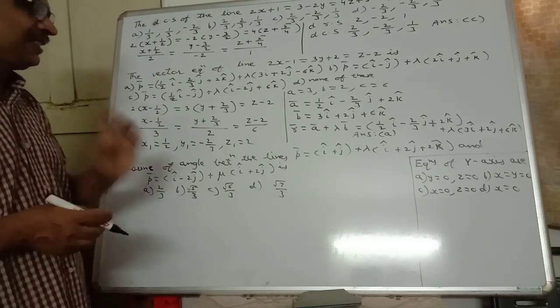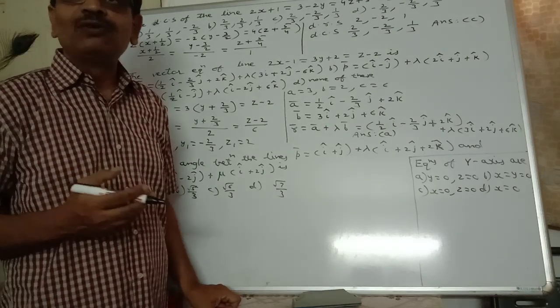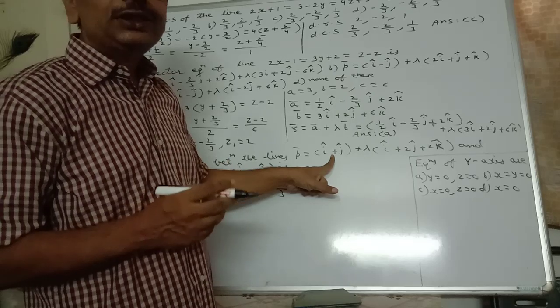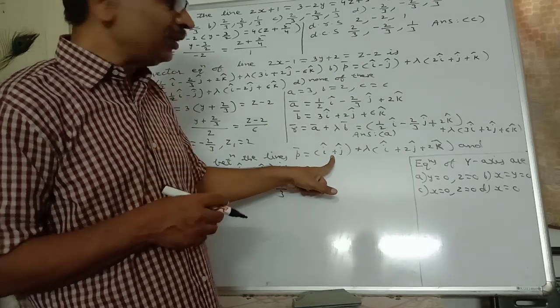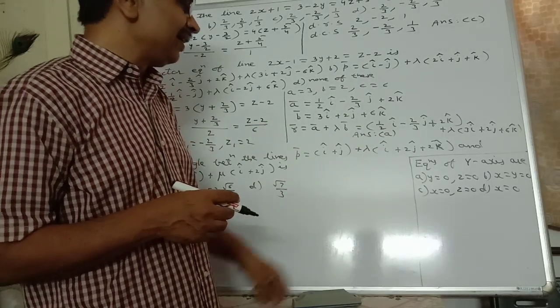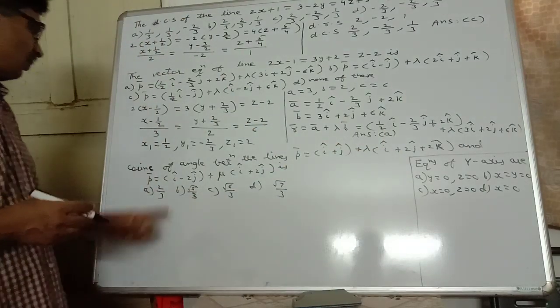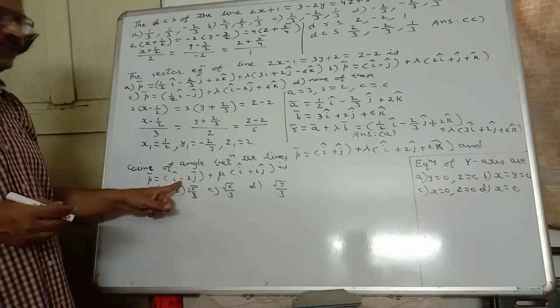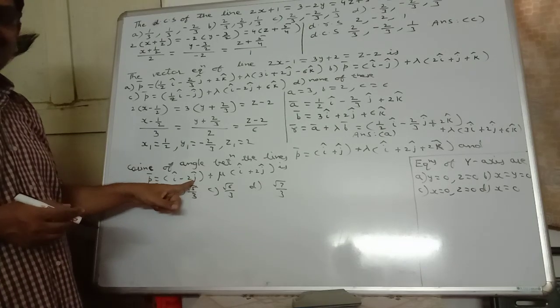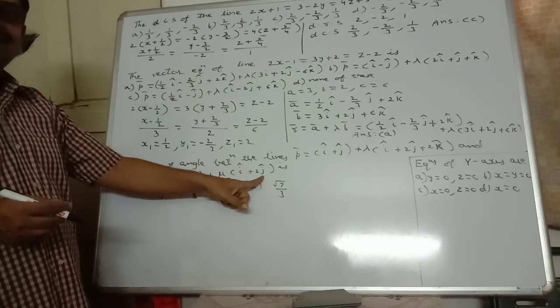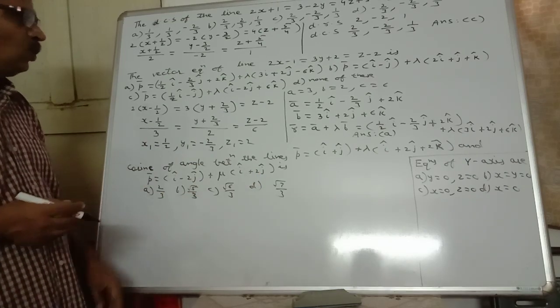Now equations of lines are given in vector form. In the first bracket, position vector of one point on the line. In the second bracket, a vector parallel to the first line. For this line also, this is the position vector of one point on the second line. This is the vector parallel to the second line.